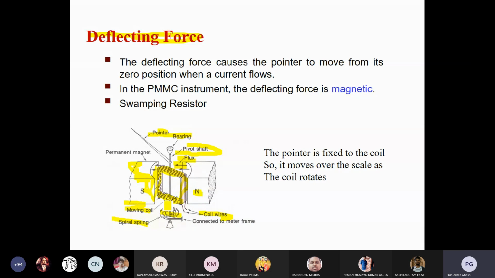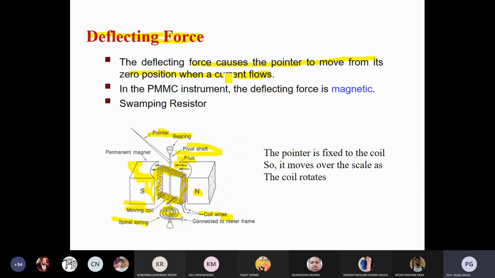So the deflecting force causes the pointer to move from its zero position when the current flows. For any kind of measurement, such as resistance measurement, due to the changes of the current the pointer will rotate. In a PMMC instrument the deflecting force is magnetic.